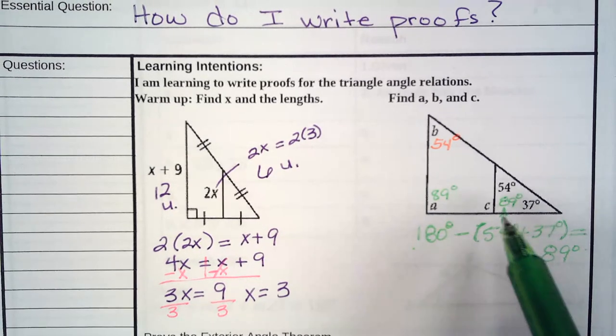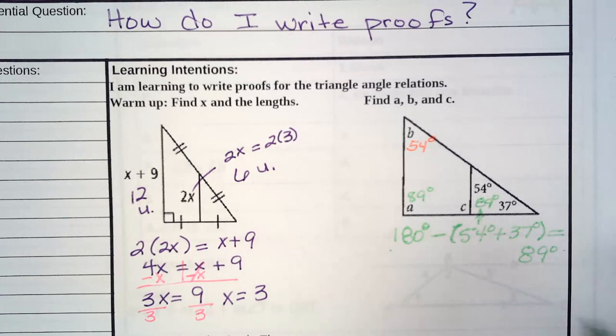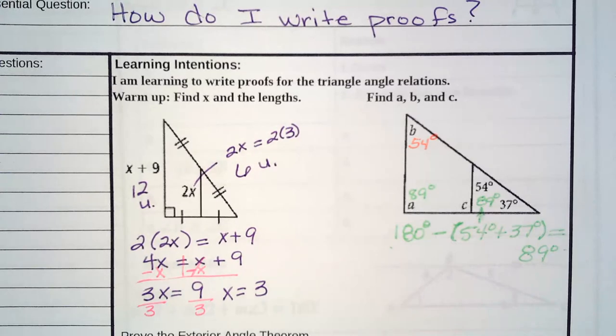The last one I need is right here, C. If you remember the external angle theorem, then you could add 54 and 37 together and get the degree measure. If you do not remember it, you can take 180 minus 89.